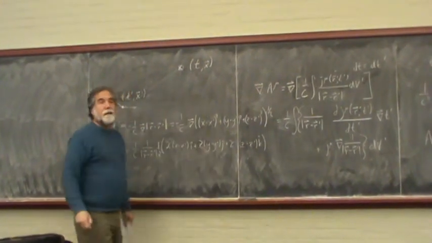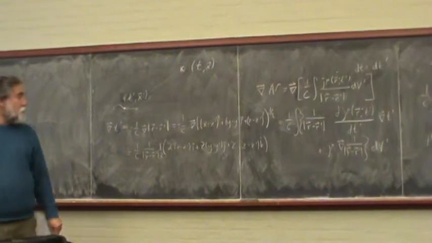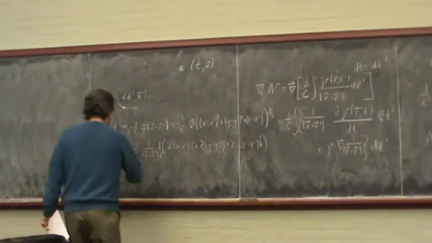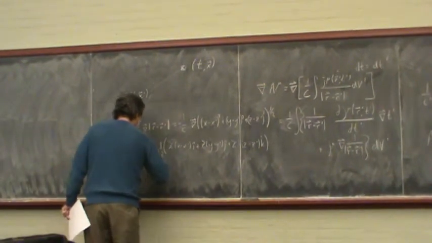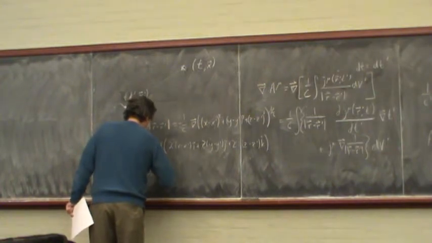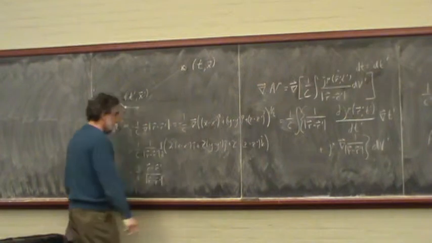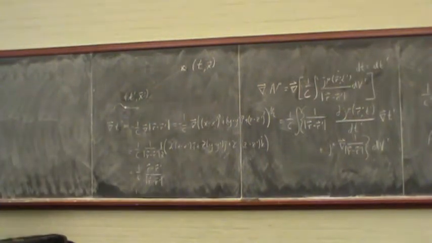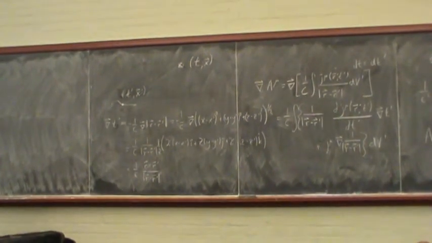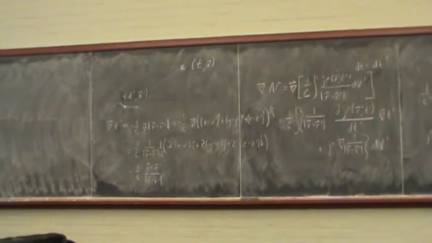This is r minus r prime. So this is equal to 1 over c, r minus r prime over the magnitude of r minus r prime. Is that right? Yes.